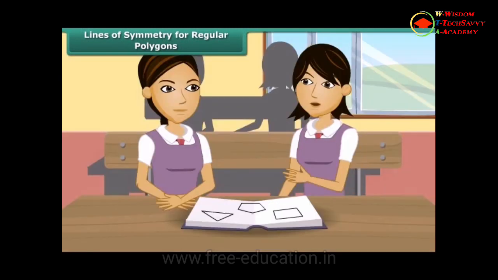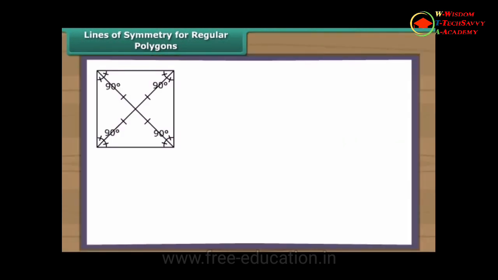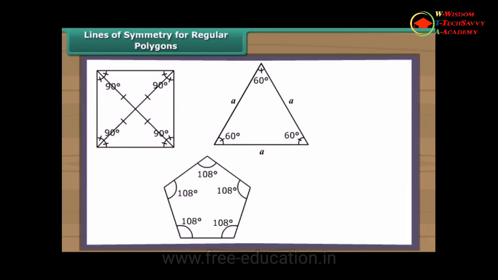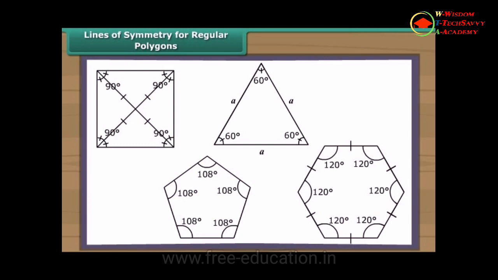And a regular polygon is one whose all the line segments are equal and the measures of all the angles are equal. Therefore, a square, an equilateral triangle, a regular pentagon, a regular hexagon are the examples of regular polygons.